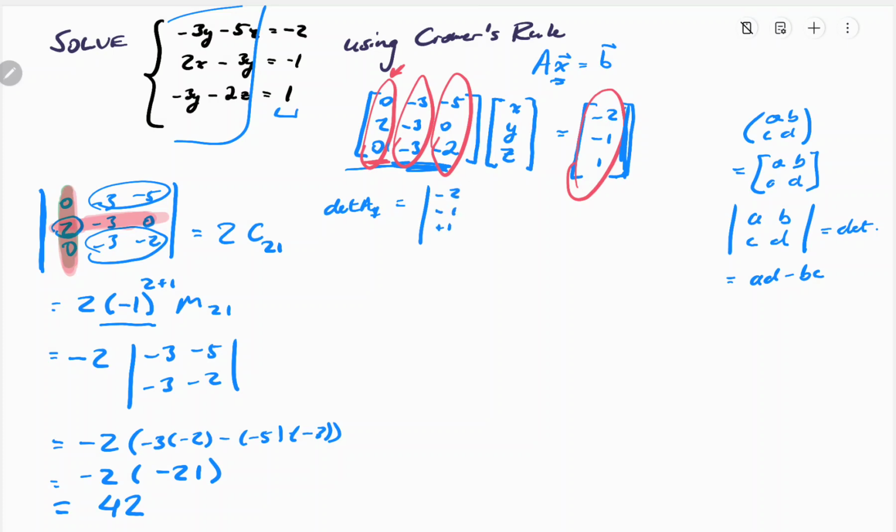Then we're going to keep the same numbers of the rest of here. Okay, so we have -3, -3, -3, -5, 0, and 2. So we can pick any row or any column when we do cofactor expansion.